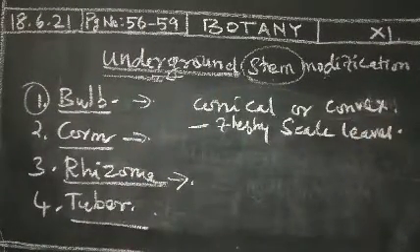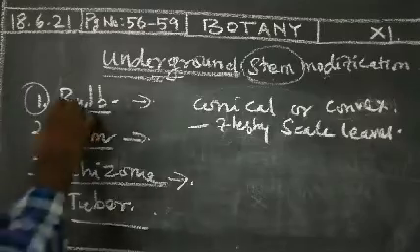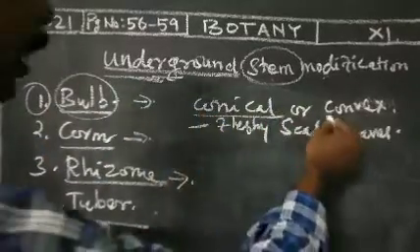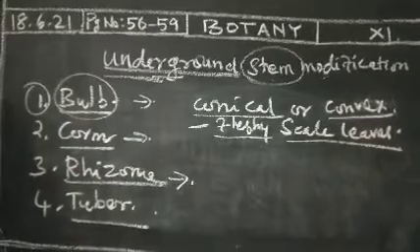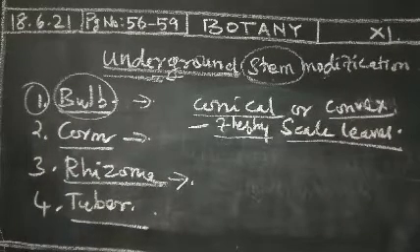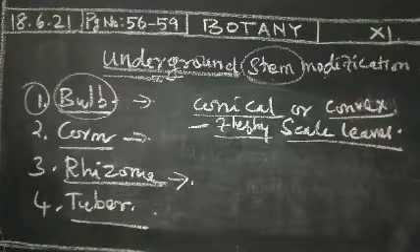What do you mean by bulb? A bulb is a conical or convex structure mostly surrounded by fleshy scale leaves. It is divided into two categories. The first one is tunicated, also called a coated bulb.